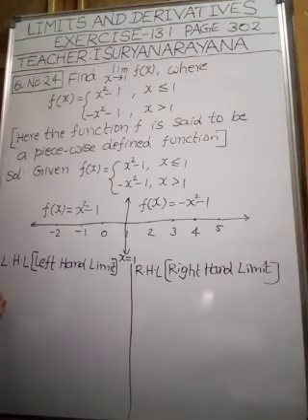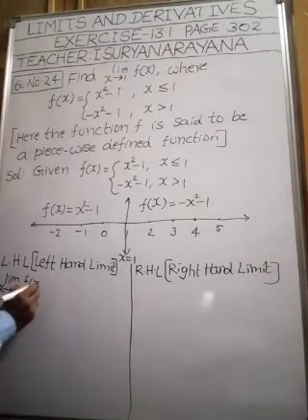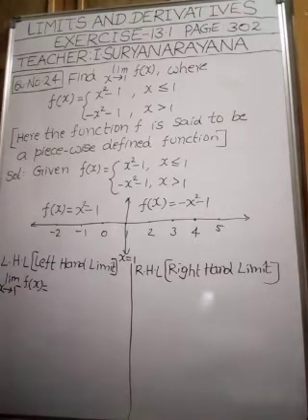Symbolically we write it as limit as x tends to 1 minus of f of x. Understood this is the symbolic form, my dear children. Left hand limit of f of x as x tends to 1 means 1 minus. We have to write it symbolically like this. Okay, my dear children. After that we have to identify the exact function of f of x.